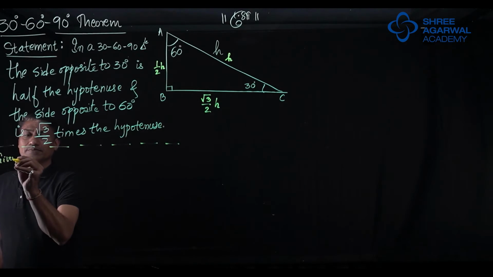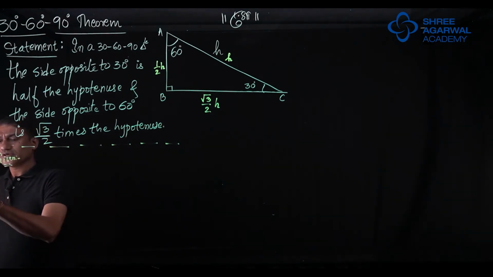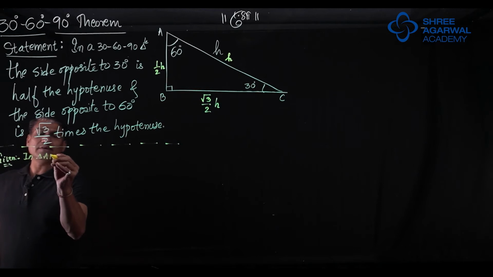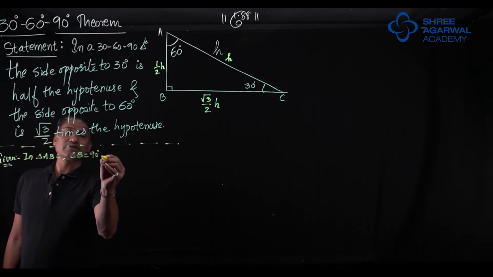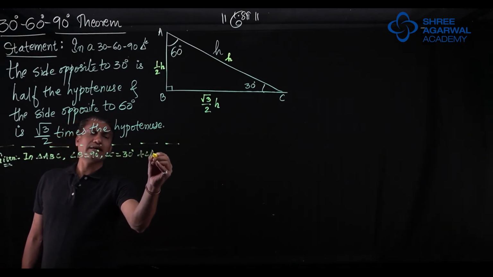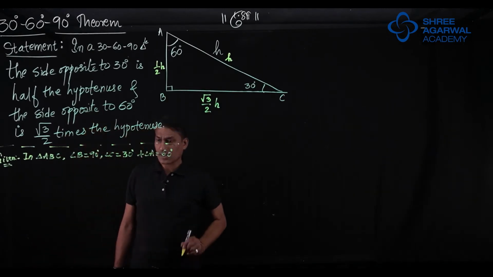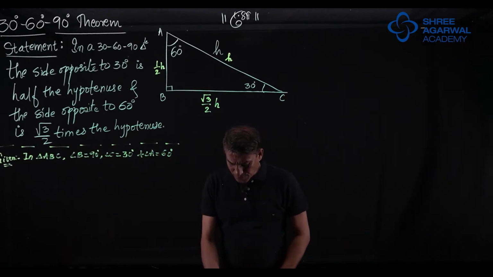Given. What is given to us? We have been given in triangle ABC, angle B is 90 degrees, angle C is 30 degrees, and angle A is 60 degrees. This is given. What is to be proved?